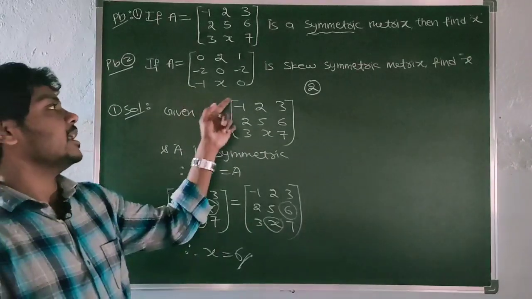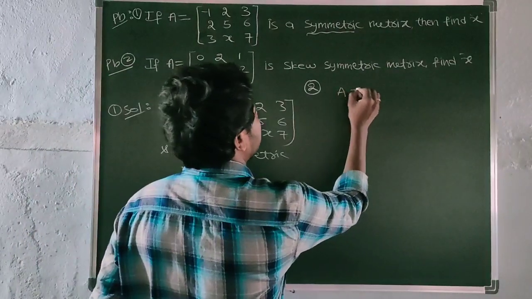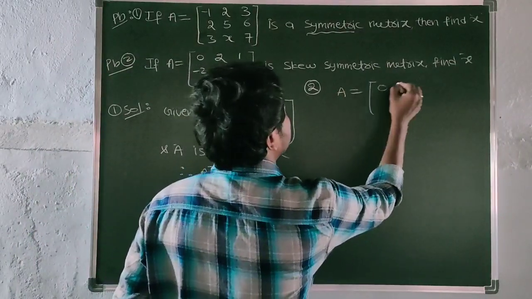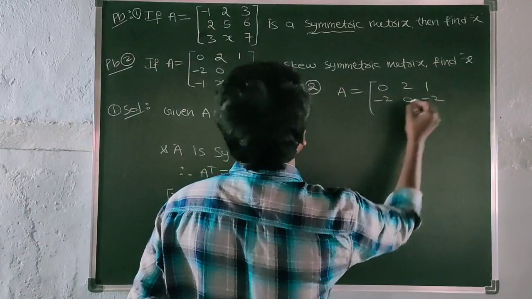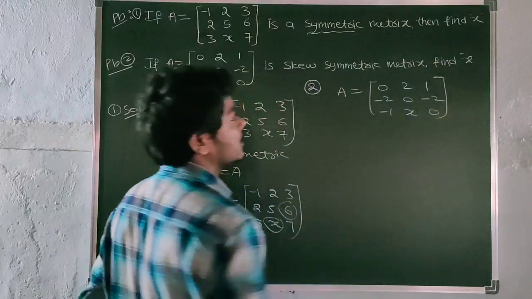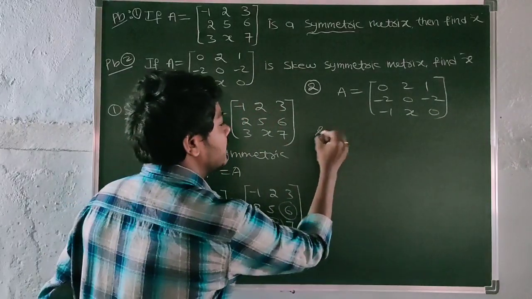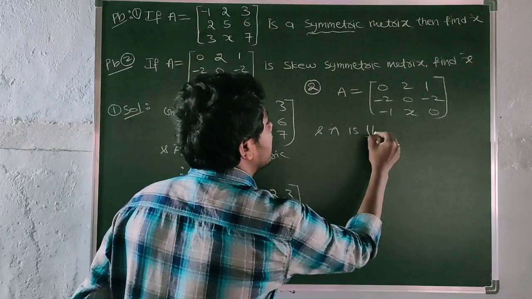Next, see the second solution. So here A is given, that is skew symmetric. See here, A is 0, 2, 1, minus 2, 0, minus 2, minus 1, X, 0. And A is skew symmetric.